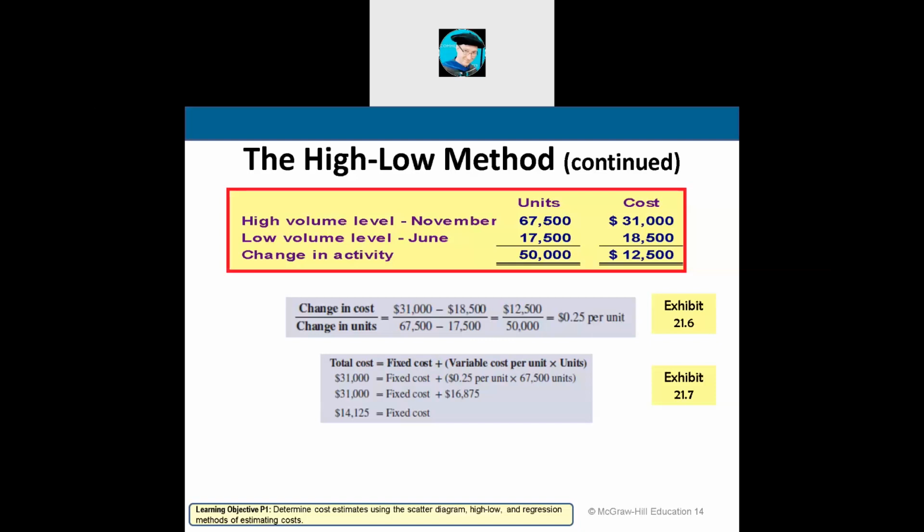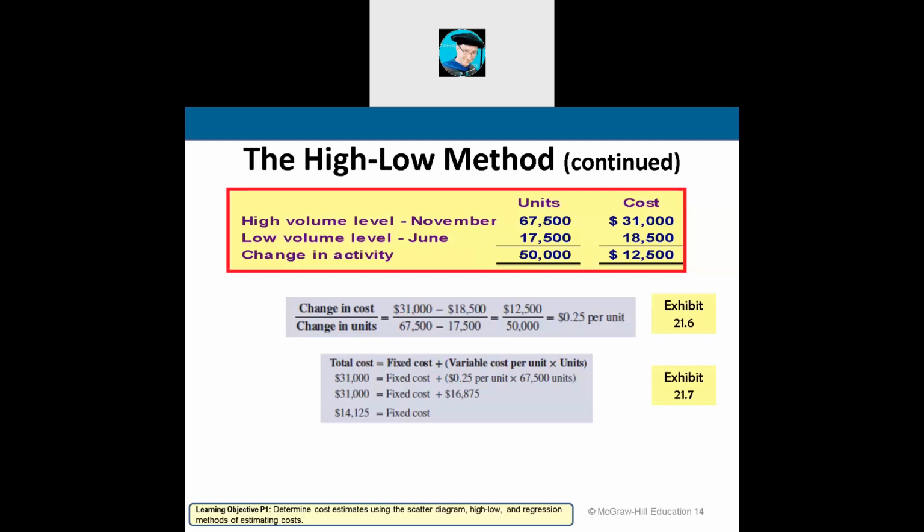You take the total cost minus the variable cost to find the fixed cost. So total cost minus variable cost equals fixed cost. It's just a matter of rewriting the formula. Think about the accounting equation.